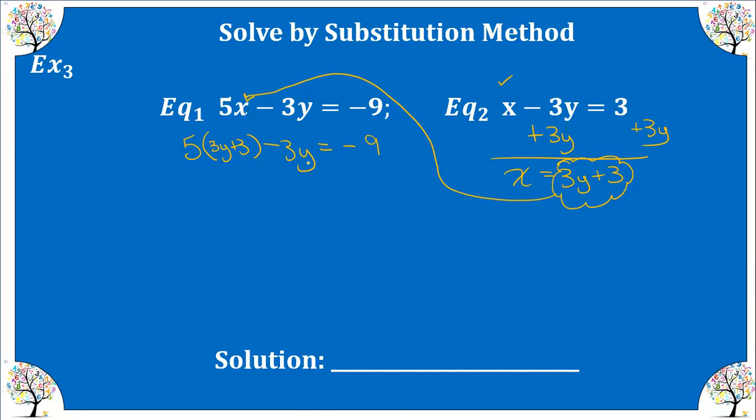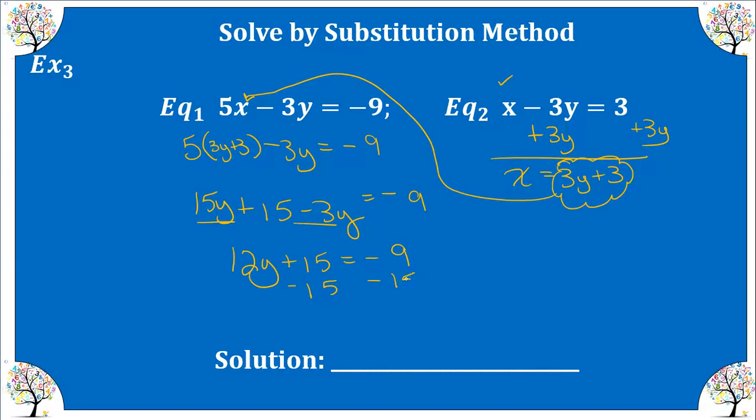Now solve for y. So we're solving for y this time. We have 15y plus 15 minus 3y equals -9. We're going to combine our like terms. We're going to solve for y by subtracting 15.